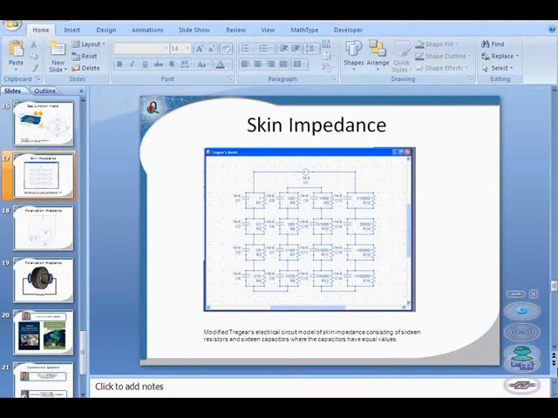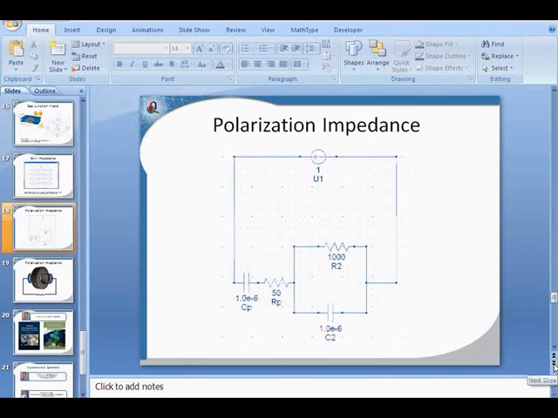And the next one is a polarization impedance. A suspension of cells with electrodes contacting a solution will give rise to a polarization impedance between the electrode and the suspension.